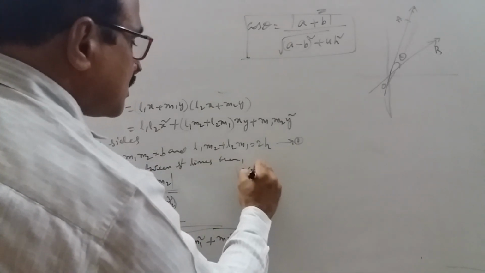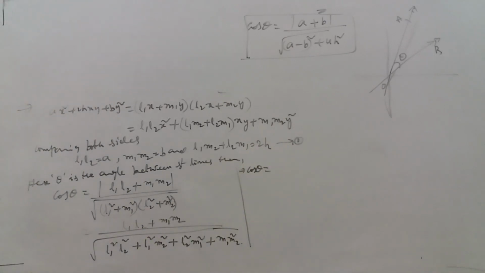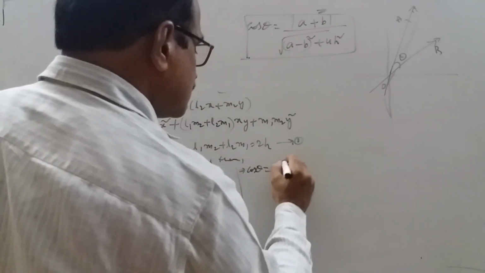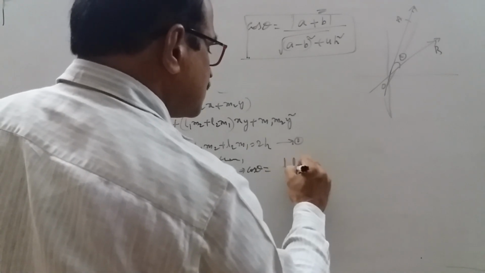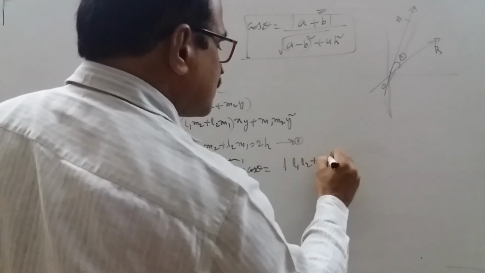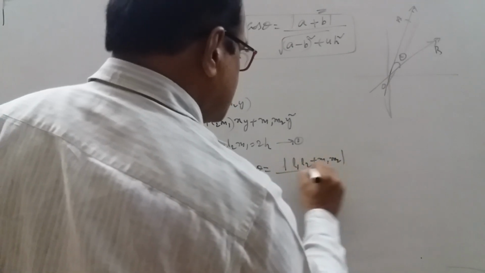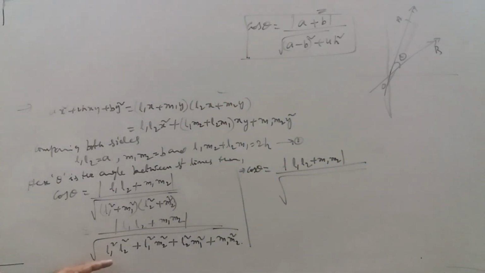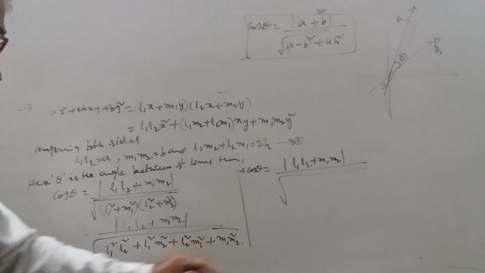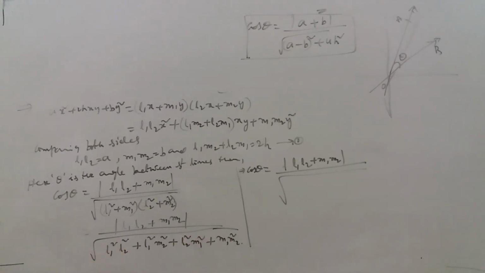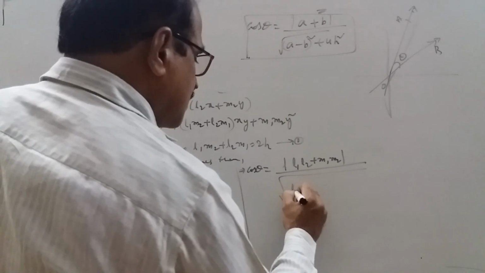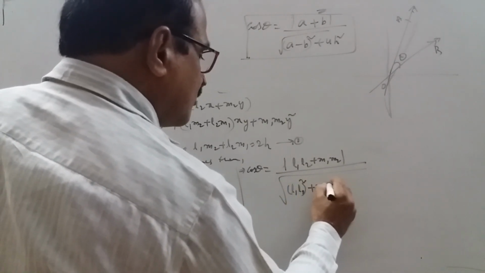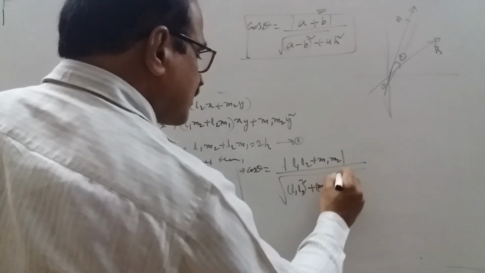that implies cos theta can be written as mod of L1 L2 plus M1 M2 by, in denominator we have to arrange these two terms at once. L1 L2 whole square plus M1 M2 whole square.